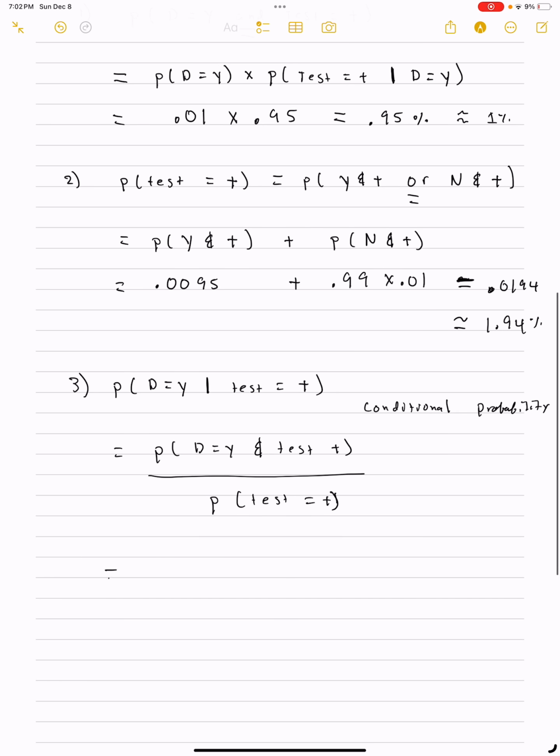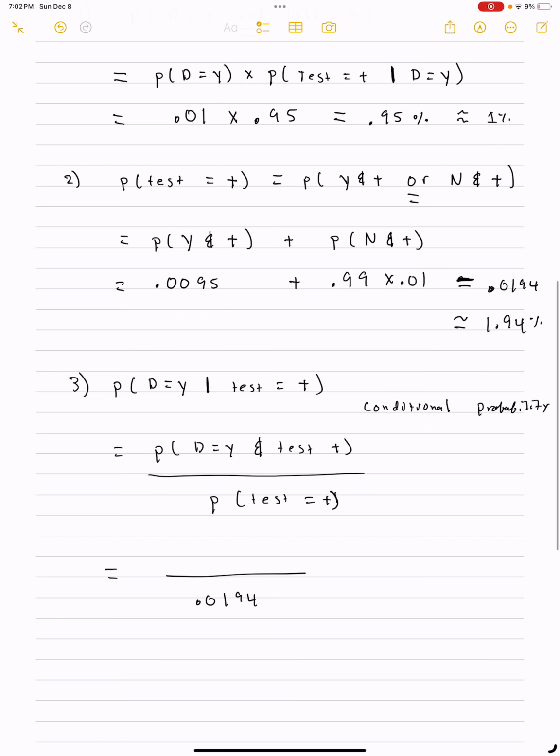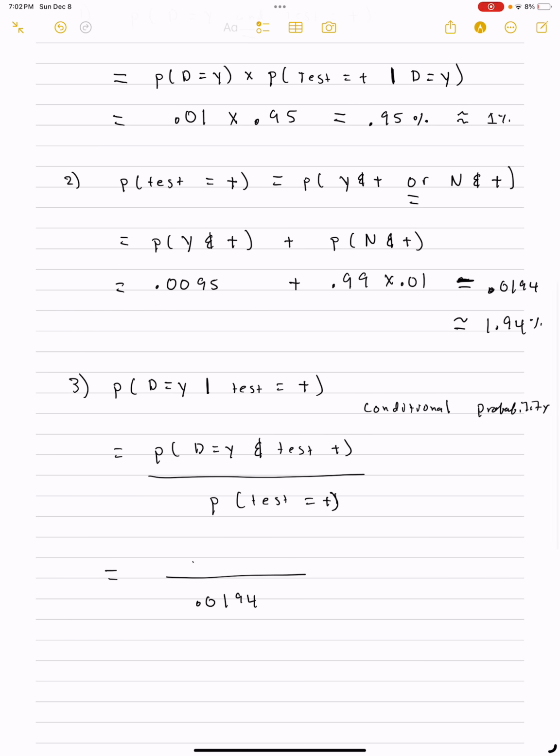Well, the probability the test is positive, that's what was calculated in the second question. That's this 0.0194. The probability that an individual has the disease and the test is positive, that was given in the very first question, and that's 0.0095. And so when we do this, we're going to get about 48.9%.